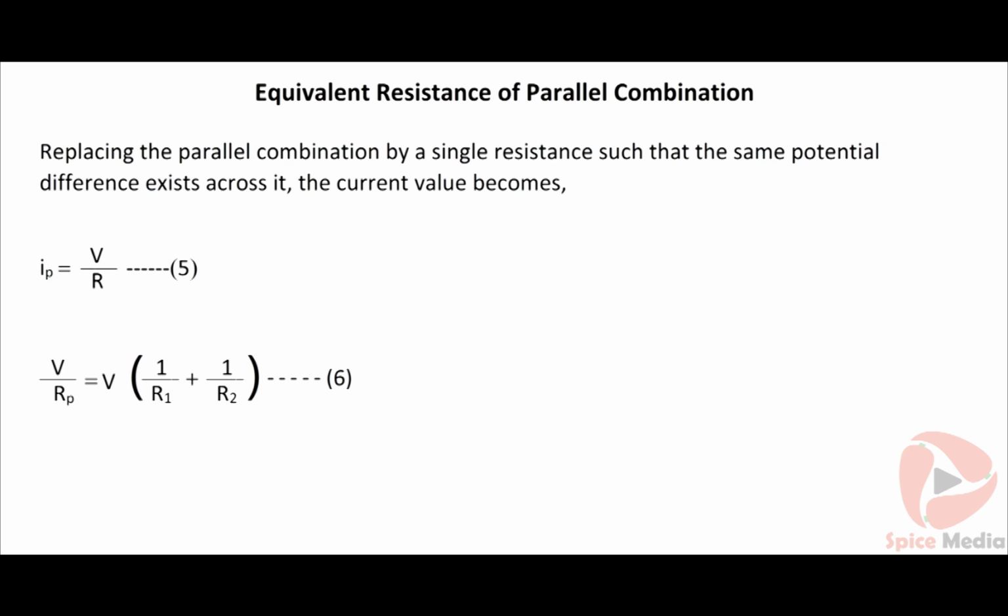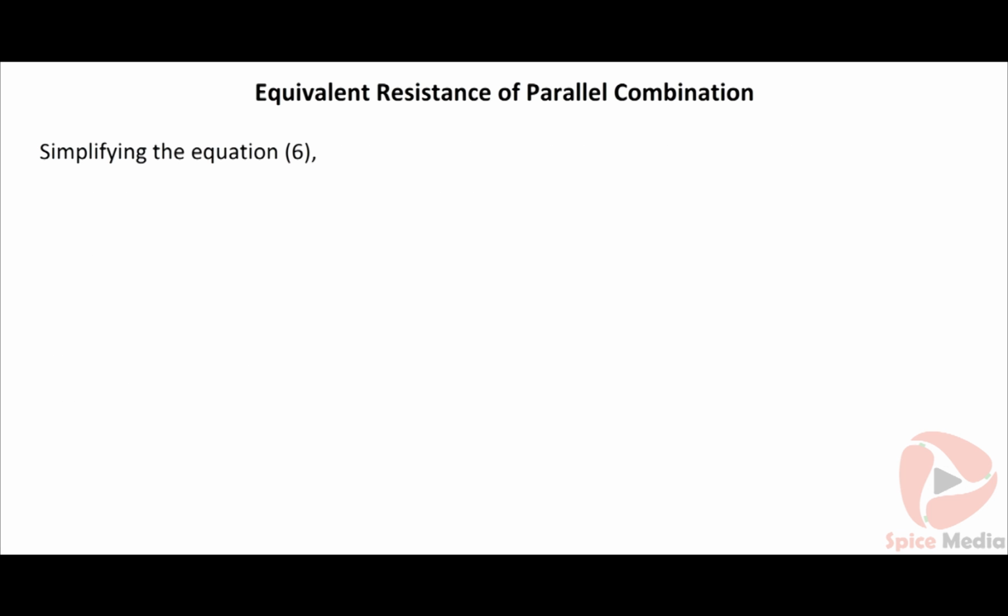V by Rp is equal to V into 1 divided by R1 plus 1 divided by R2. Simplifying the equation, we get the final formula as Rp is equal to R1 R2 divided by R1 plus R2.